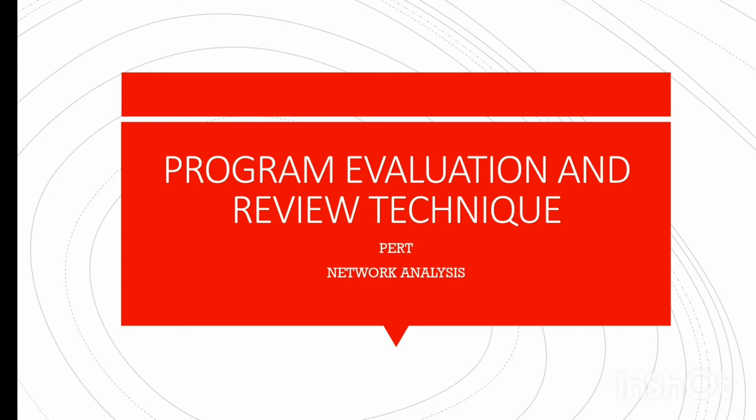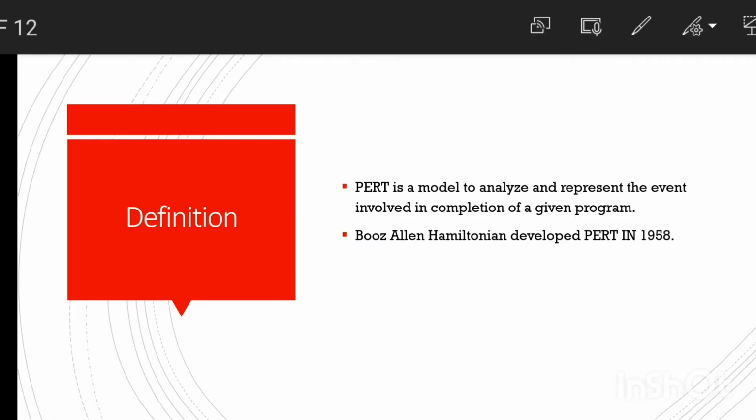Here it mainly represents the tasks and events. That's the important thing, and we can see the meaning or definition of PERT. It's a model to analyze and represent the events involved in the completion of a given program. Events are important here.